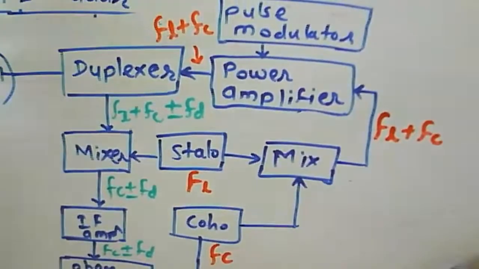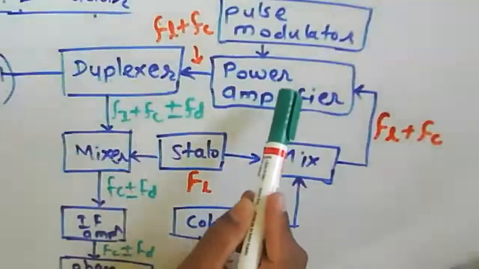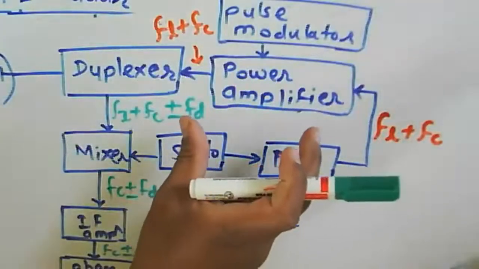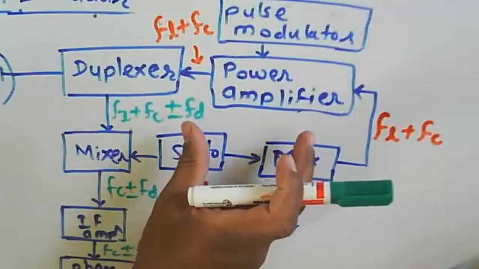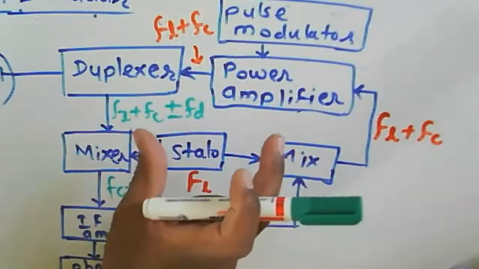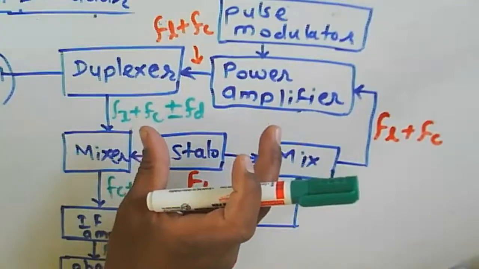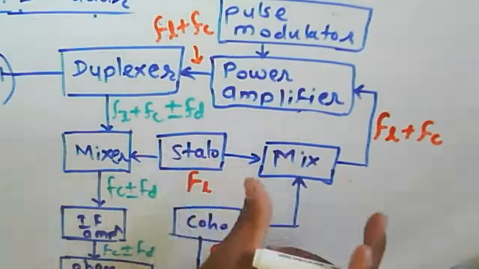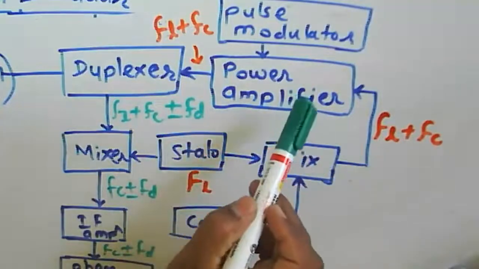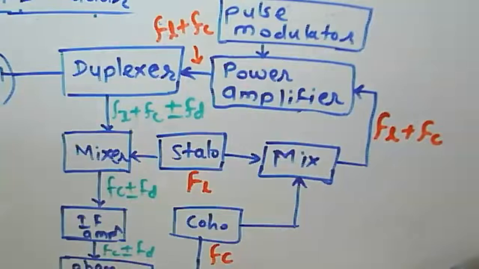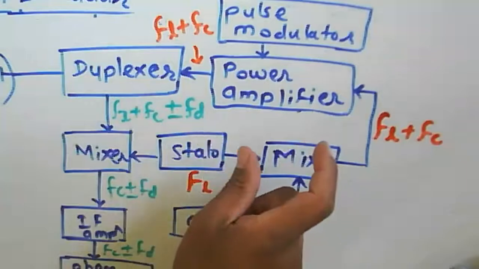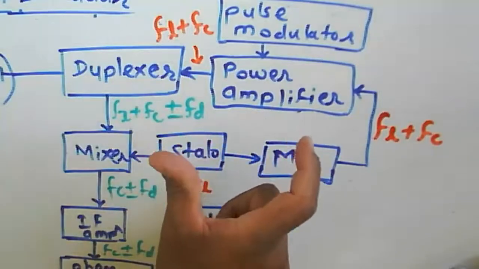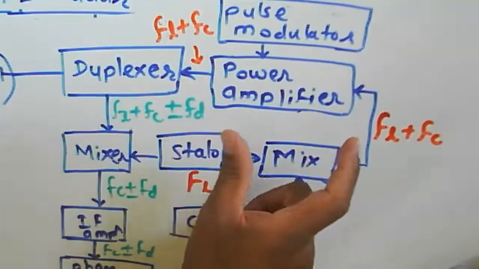But if we are using solid state devices, we are not able to get that much power. Solid state devices are also available, and they are more stable compared to the klystron and traveling wave tube amplifier, so we can use them as amplifiers because they are stable, but the output is less than the tube.